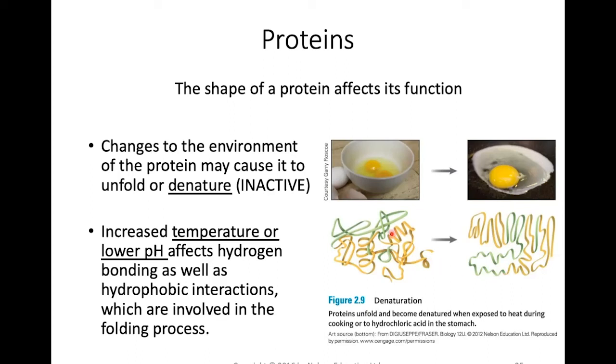The different interactions between parts of the chain that were keeping this in this structure can be interrupted by increases in temperature or increased acidic conditions. Once this happens, the proteins are no longer in their active form, they now become inactive.